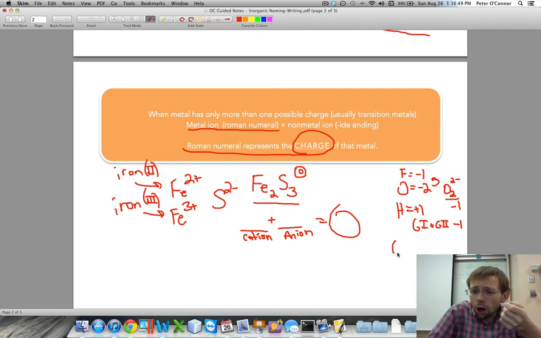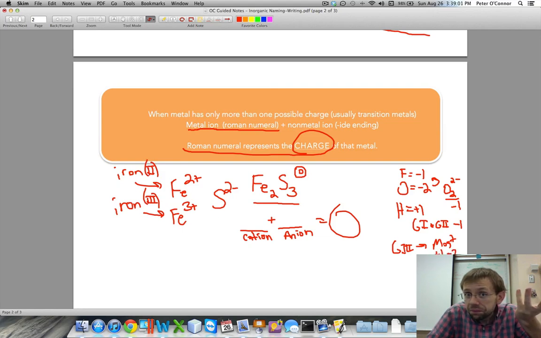Know that group 1 and 2 form their most common charges. Group 1 forms +1, group 2 forms +2. Know those things and you're going to be a-okay. And in the case of any other barring rule, the most electronegative atom gets its most common charge.